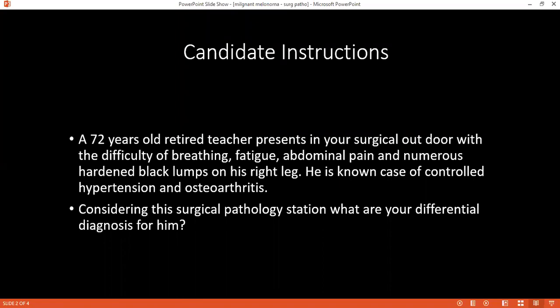What are the possible locations where it can metastasize to? It can metastasize to the inguinal lymph nodes, ma'am. And more? It can go to the abdomen, and from the abdomen to the chest and brain as well. Right, you have to tell the whole course.